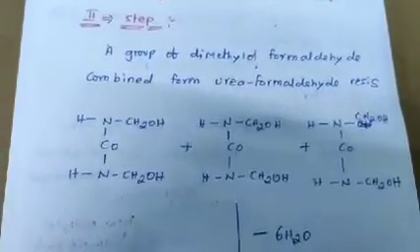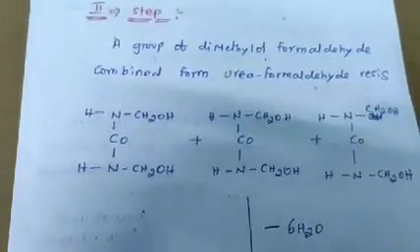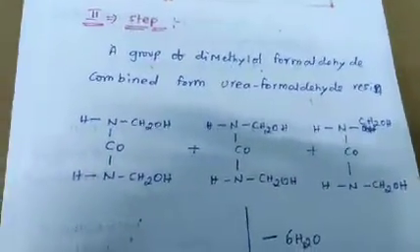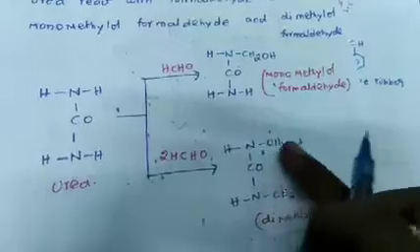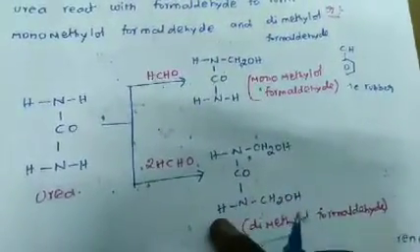In the second step, a group of dimethylol formaldehyde molecules combine to form urea formaldehyde resin. See, it is nothing but dimethylol formaldehyde, with CONCH2OH hydrogen and NCH2OH hydrogen.